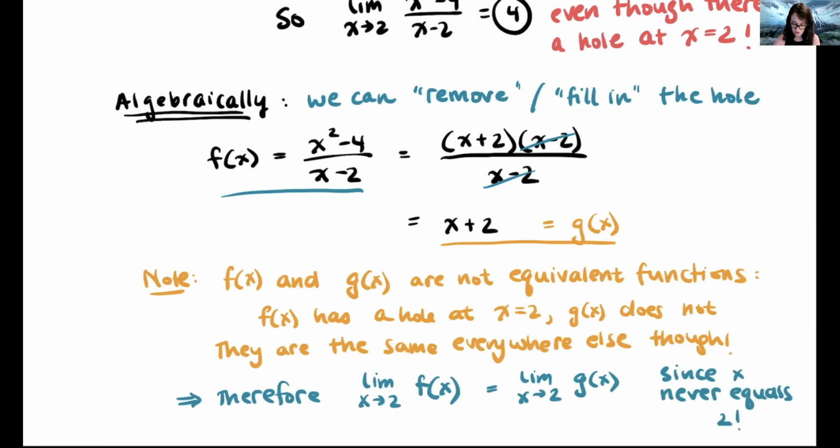So what we can do, and we'll get into this, is we'll have the limit of this equals the limit of this, and then we can directly substitute in the x value that we are trying to find the limit at, once we remove the hole. So it's a way of still easily finding a limit algebraically. This is the why.